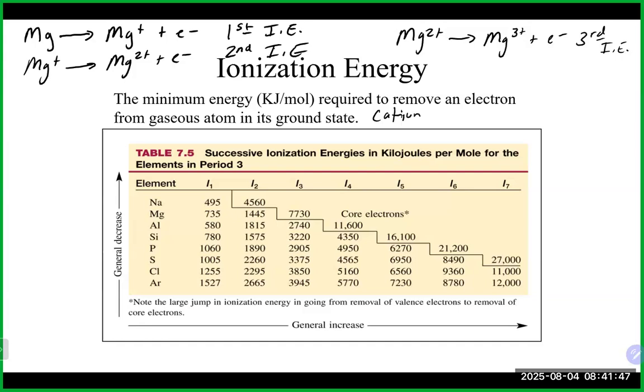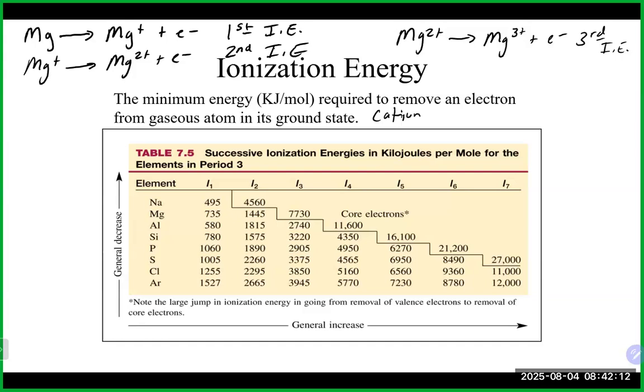The cation is smaller than the neutral atom, because you lost electron density in the cloud, so everything gets closer to the nucleus. Now those remaining electrons have moved closer to the nucleus, so they feel a stronger positive charge and are held tighter. If you're able to get rid of the next electron, everybody's going to shrink in a little bit more.